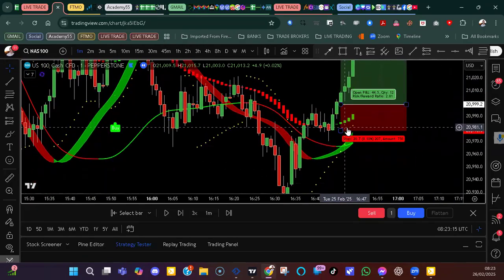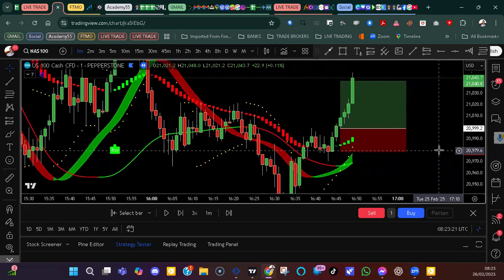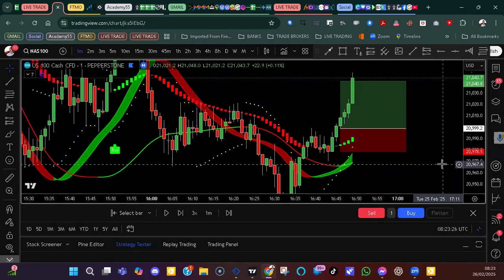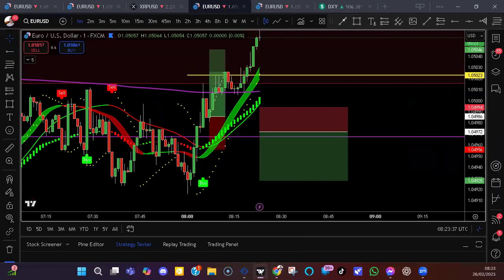And that was at 1646 yesterday afternoon. But the idea was to look for trades after 6 o'clock. So I'm going to take this. Let's just have a quick look and see what our trade. Oh, right.